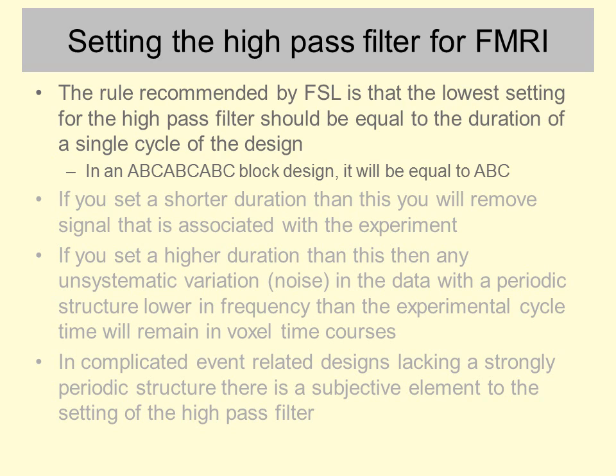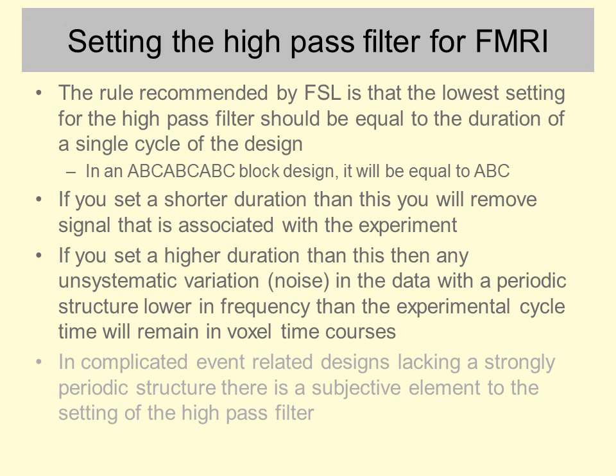If you were to set a shorter duration, such as the duration just equal to A or just equal to AB, that would remove signal from the raw data that was associated with the experiment, and that would obviously be a bad thing. If you set something much higher, like something equal to ABC, ABC, then you're not doing as well as you might, because certain amounts of low frequency noise is still going to be present in your data, at the point where you submit it to the general linear model.